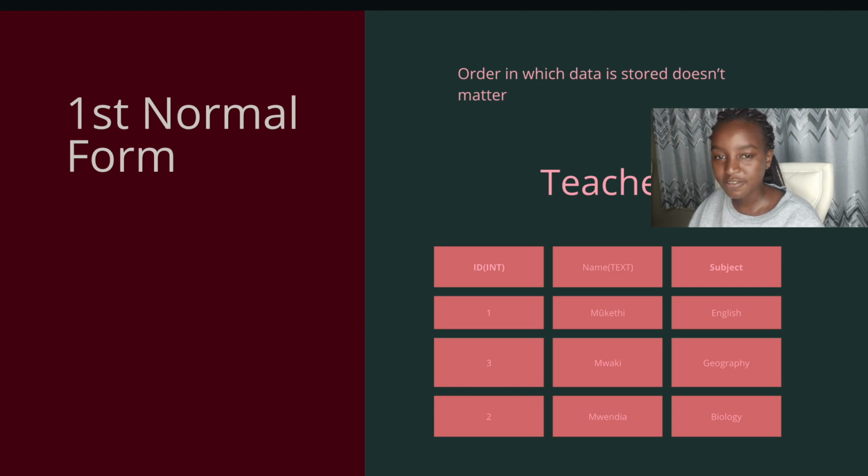We have ID 1, 3, and then 2. It doesn't matter in the sense that it doesn't make 2 more superior in any way than 3. If we want to order in a specific way, then we introduce an order by in our queries. But within the table, there is no specific order. That's simply what it means.